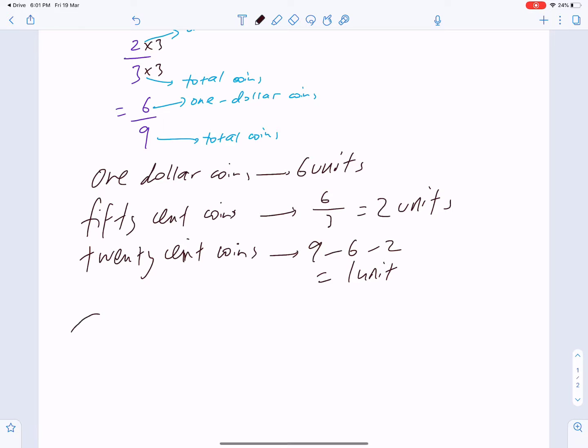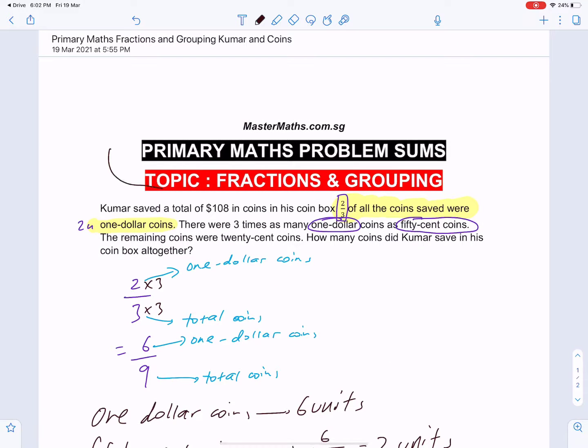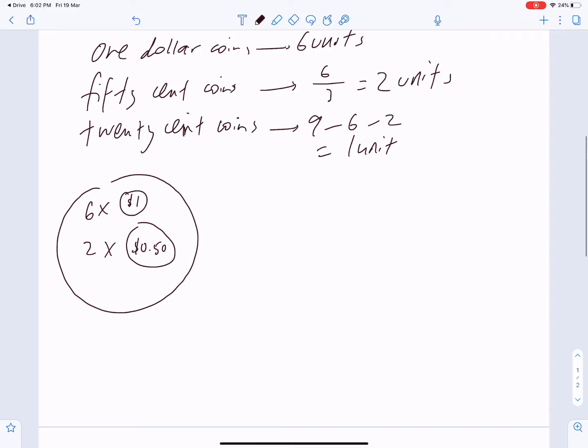This is how your one set will look like. 6 times the $1 coin, and then 2 times the 50-cent coins. Change it all to dollar sign so it's easier, because the total is given in dollars. And then 1 times the 20-cent coins.